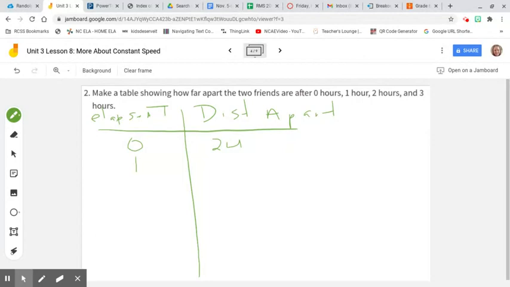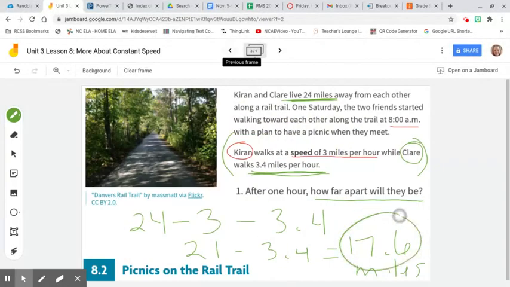So we have to figure out, well, how do we go from 0 to 1? We know after 1 hour, because we got this in this last one, because we will continue to subtract these two numbers out each time.